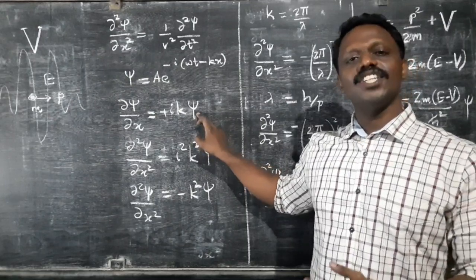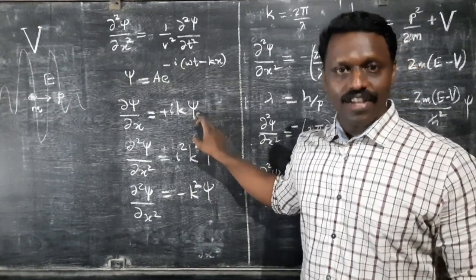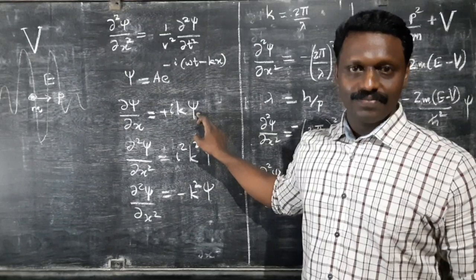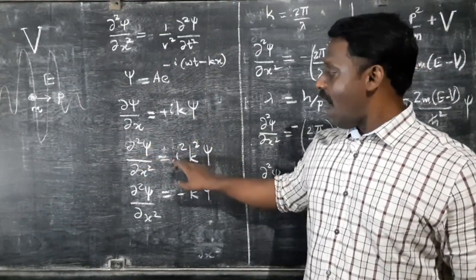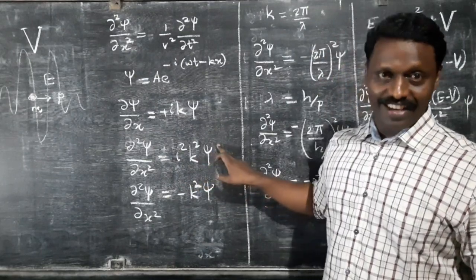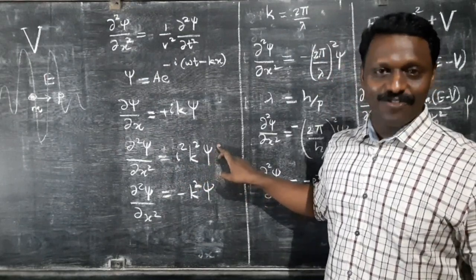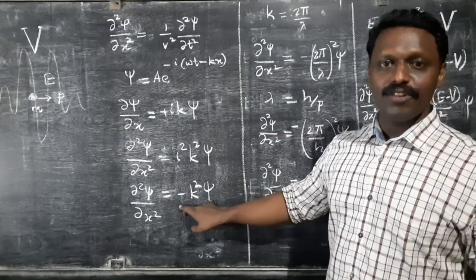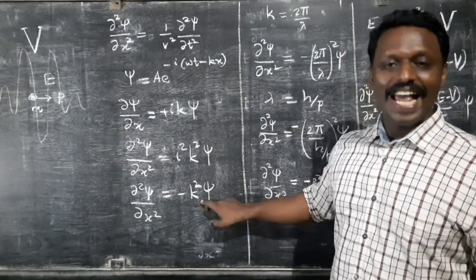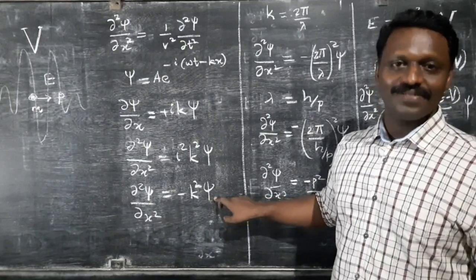Now, differentiating this equation once again with respect to x, we have ∂²ξ/∂x² equal to i²k²ξ. Since i² is -1, we will modify this to be written as ∂²ξ/∂x² = -k²ξ.